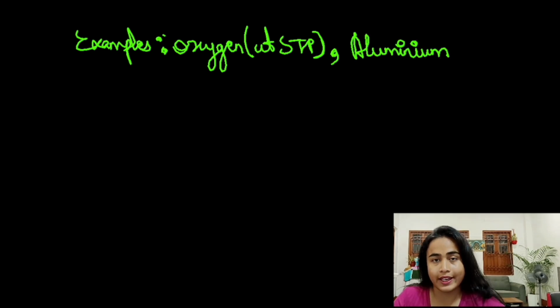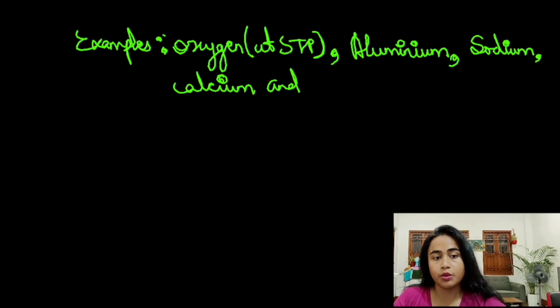Next is aluminium, sodium, calcium, and copper chloride, CuCl. If you look at each individual atom or molecule, you will always see that they have valence unpaired electrons, and they have a permanent dipole moment, which contributes to the magnetization.